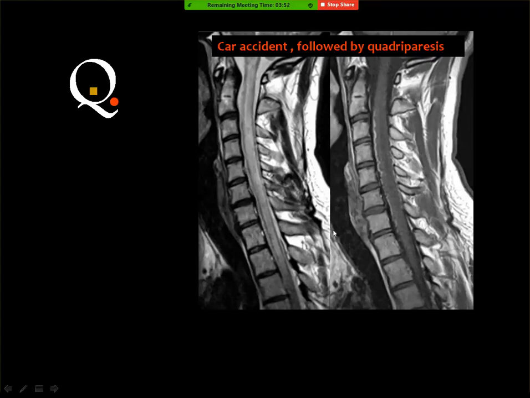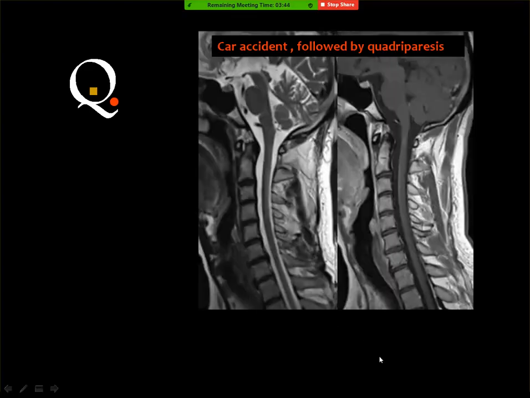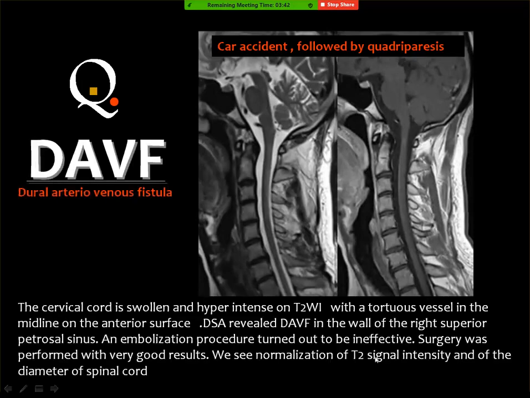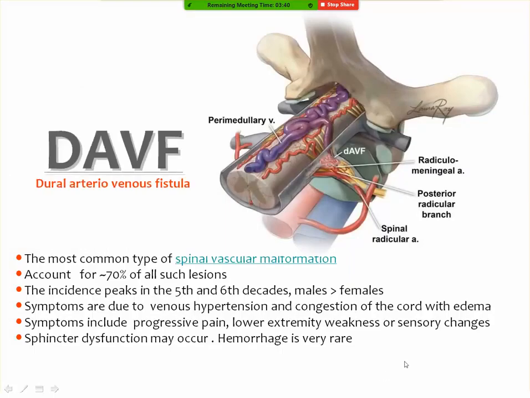Because of the shunting of the blood from the arterial to the venous side directly without passing to the capillaries. And this is one of the very important causes for the patient to develop acute quadriplegia or paraplegia with disturbance of the urine and fecal habits.